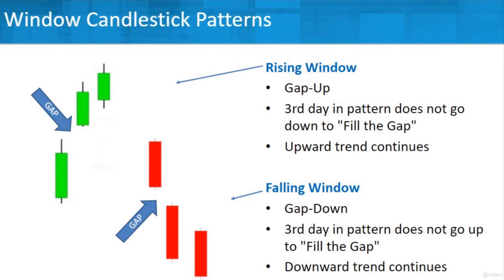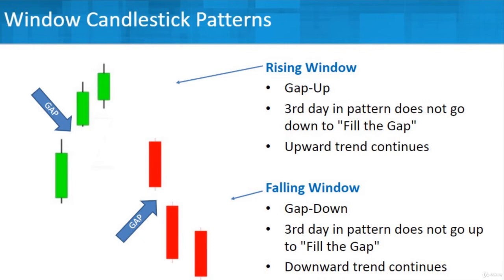The same thing with a falling window. You're really looking at a gap down, right? We're looking at our bars from left to right. We can see we've had some downward trend. That's the red candlesticks in a falling window versus the green candlesticks in a rising window. So we have this candlestick, now we have a gap, and they're both red, so we're both going downwards. Our prices are falling. And then the third day in the pattern does not go up to fill the gap, right?